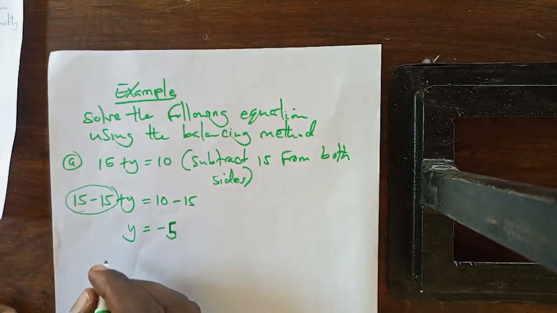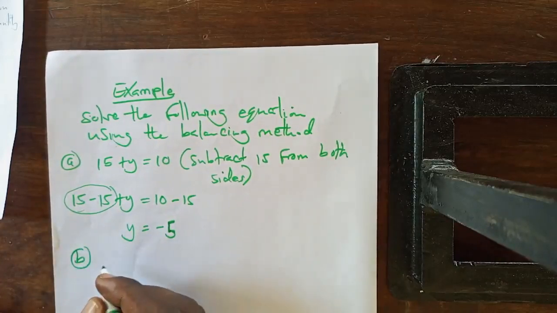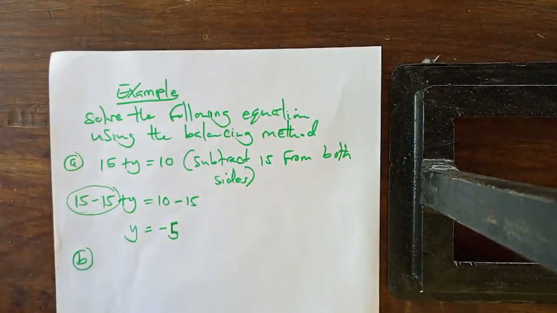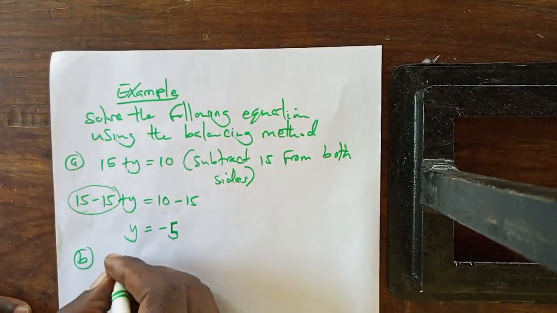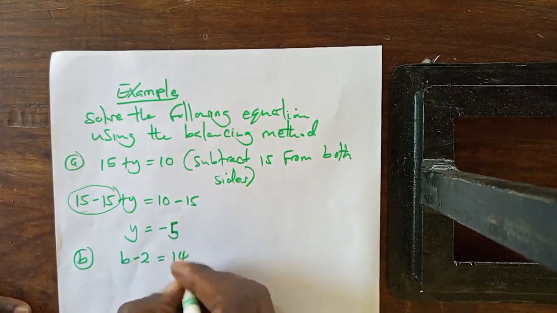Okay, what about the second example now? The second example is b minus 2 is equal to 14.